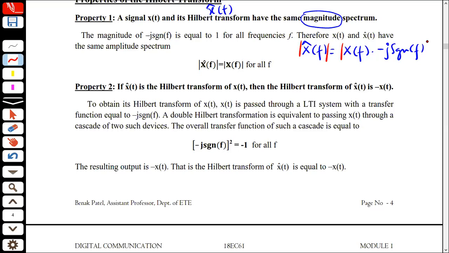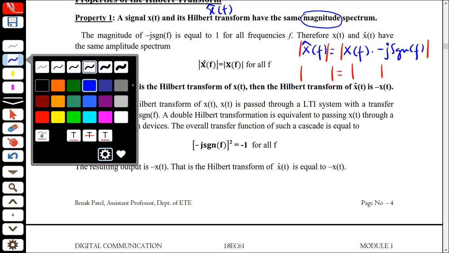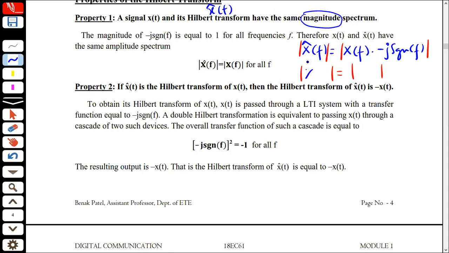By applying the modulus operator, even though I have a signum function, whatever negative quantity I have flips to a positive value. Thereby x cap of f and x of f both will have the same magnitude spectrum. So this is our very first property.